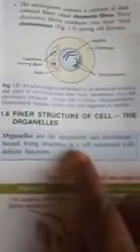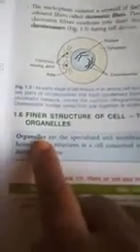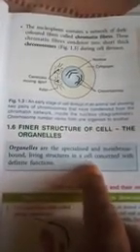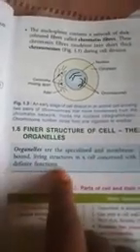Then the finer structure of the cell organelles. The largest organelle is the nucleus. Several other organelles are also there. What is the definition of organelles? Organelles are the specialized and membrane-bound living structures in a cell concerned with a definite function.